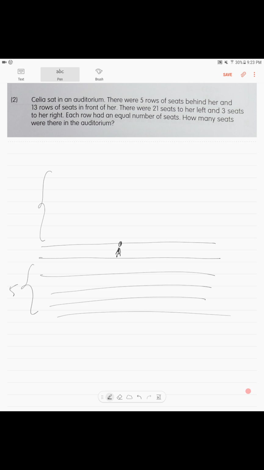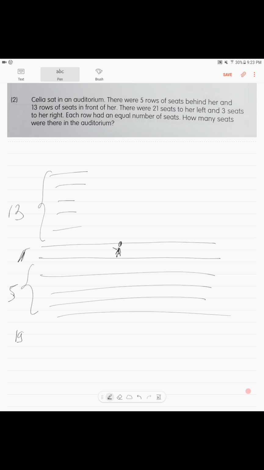Now here there were 13 rows in front of her, and this is her row. 13 in front, 1 she's sitting at, and 5 behind her. How many rows? You can calculate 13 plus 1 plus 5, 19.